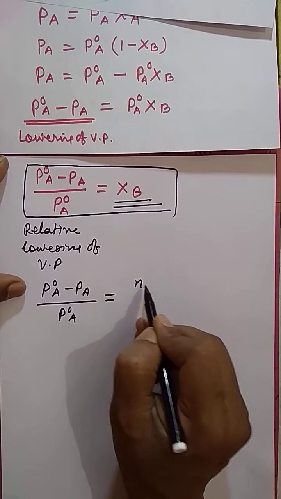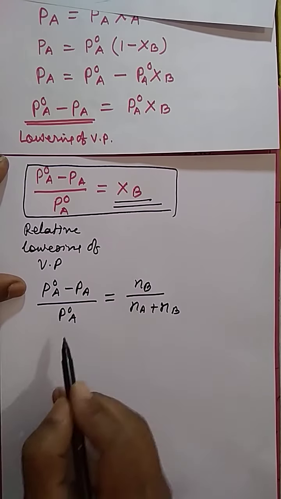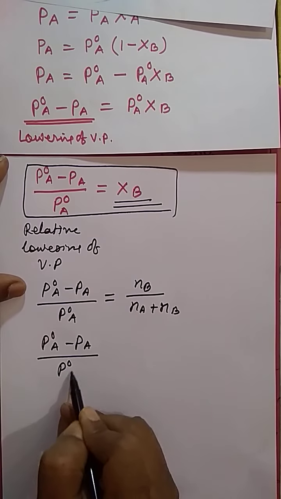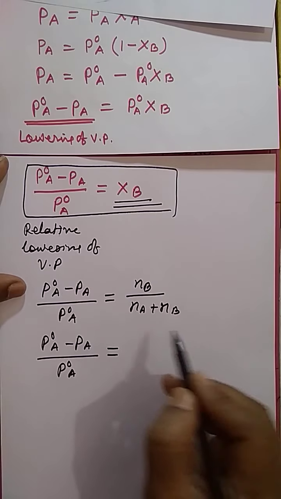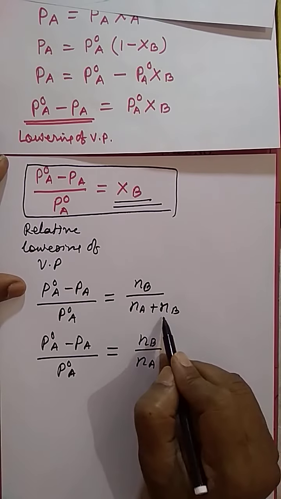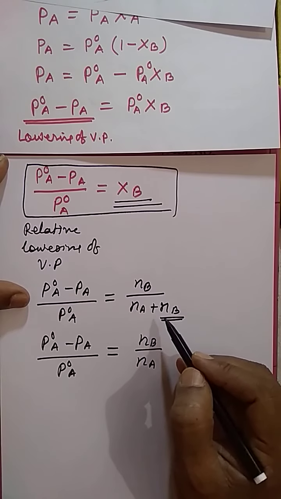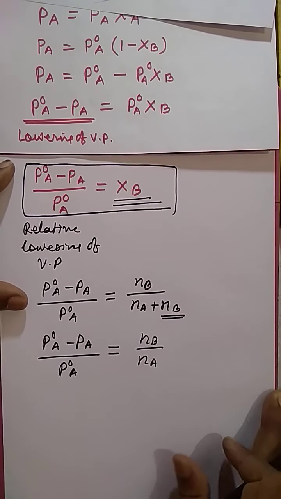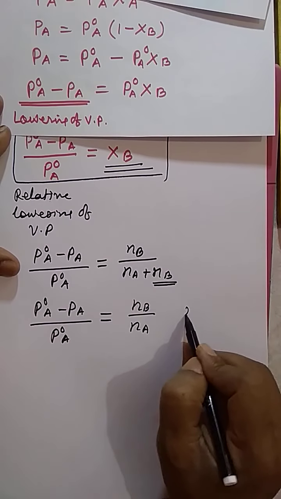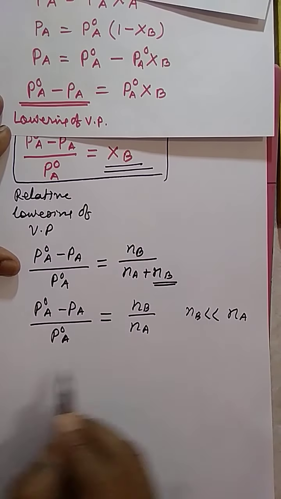You can write in the form of moles, NB upon NA plus NB. Relative lowering of vapor pressure is equal to NB upon NA, because NB is very, very small in comparison to NA, the number of moles of solvent, because we are studying the theory of dilute solution, right? So NB is very, very less in comparison to NA. Now you neglect it.